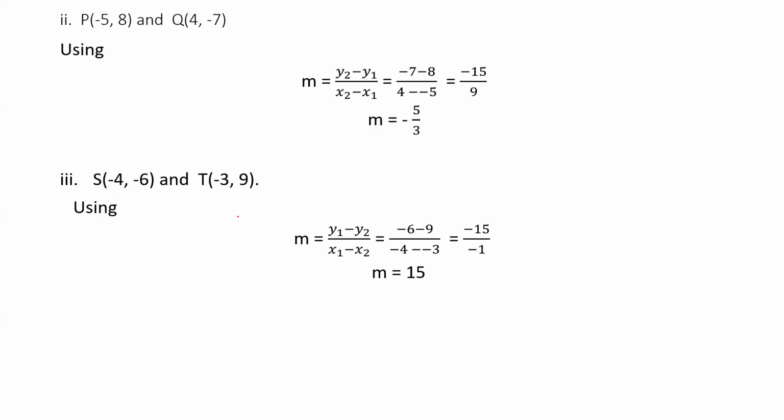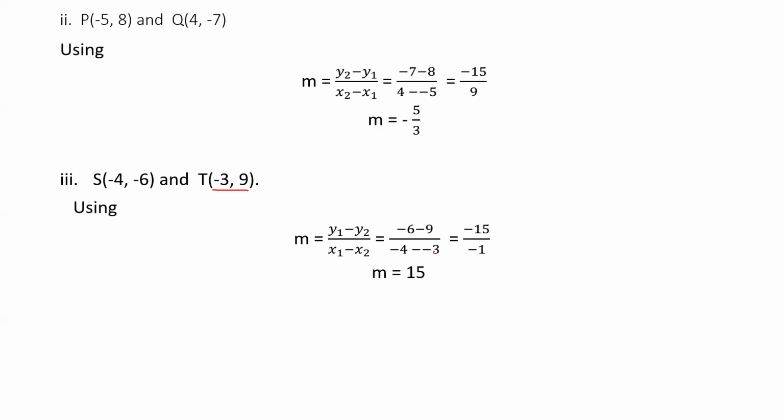Now let's look at the third one. Let's start with the y's first. We have been using x, y2 also, so let's go by y. We are not starting with the x first. So then we have y1 is minus 6, you can see it here, minus y2 which is 9. So minus 6 minus 9, all over x1 minus x2, which is minus 4 minus 3.